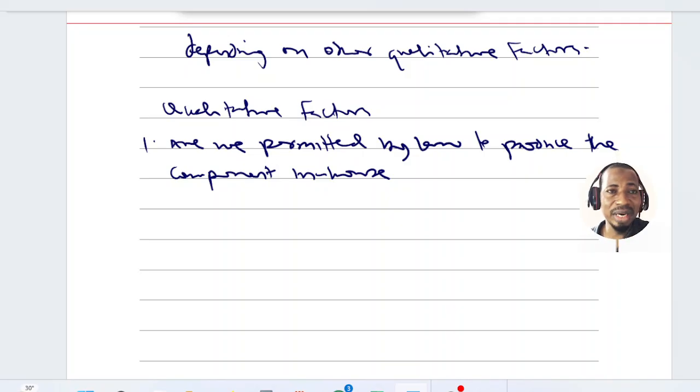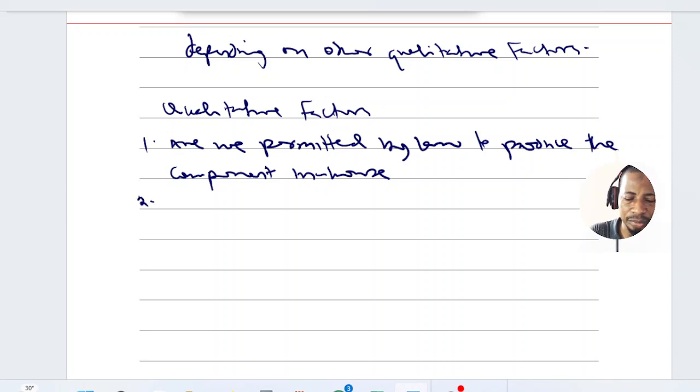For example, there are some states in Nigeria, especially in the north, where you cannot conduct some kinds of business. So you must ensure that the law of the land permits you, that you have the capacity, or you have the license to operate in the land.